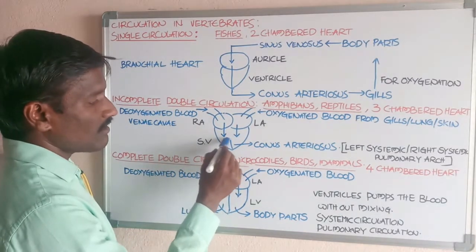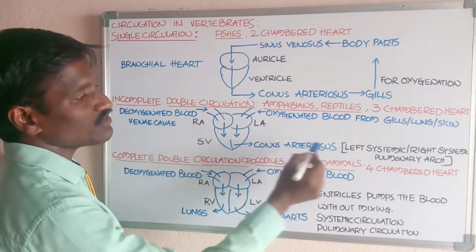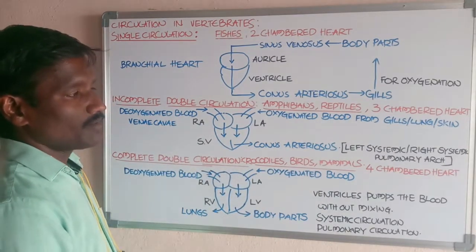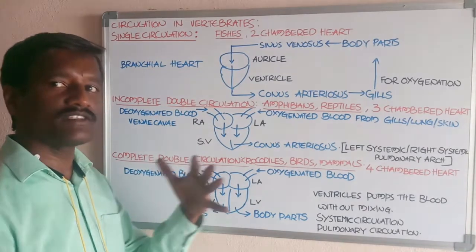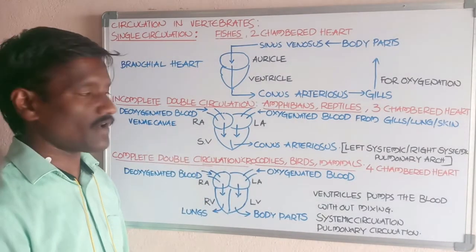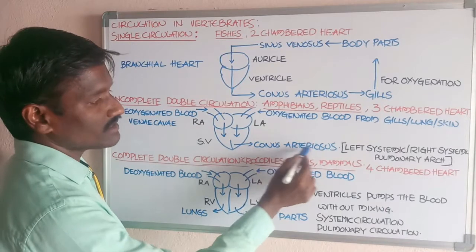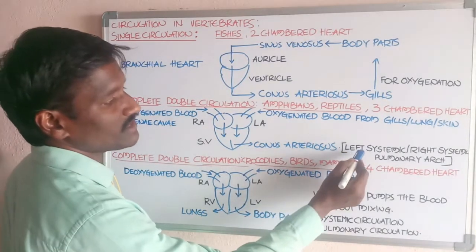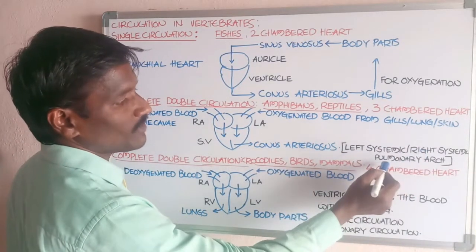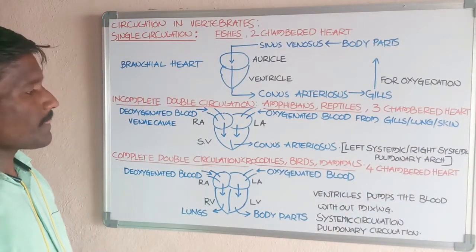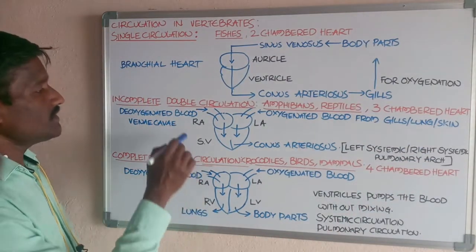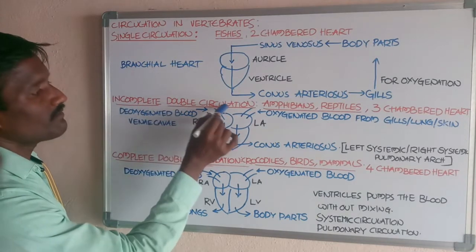After mixing, the blood goes into the body parts. Mixed blood is carried to the body parts through the conus arteriosus, which divides into the left systemic, right systemic, and pulmonary arches. This is called incomplete double circulation.